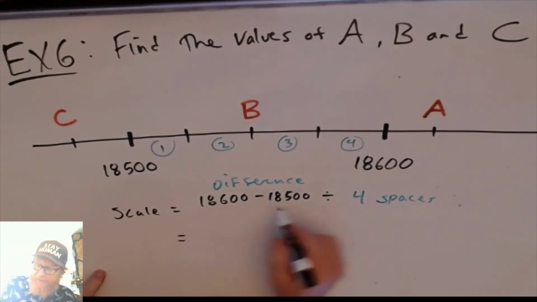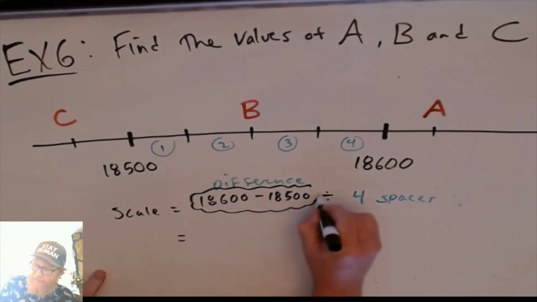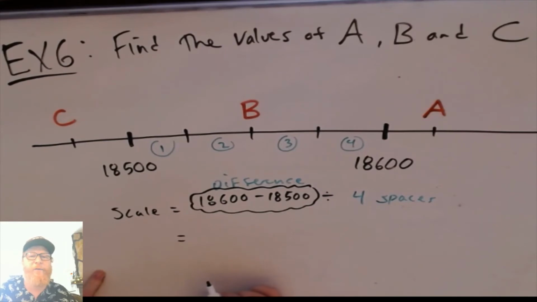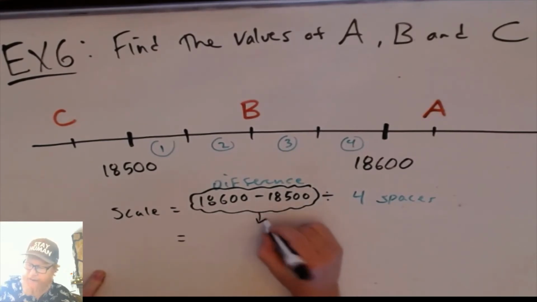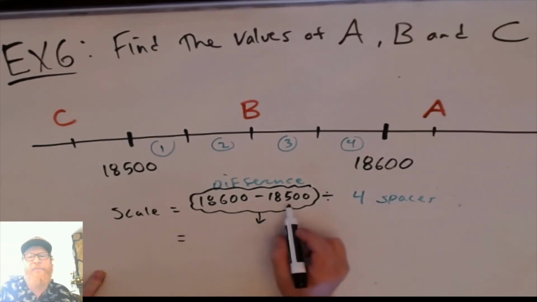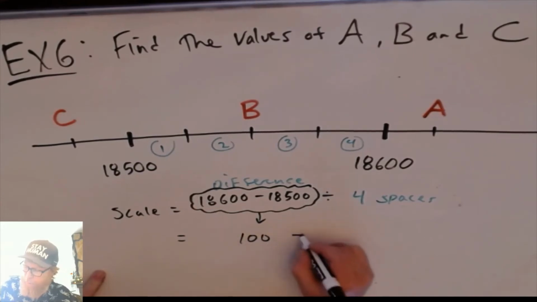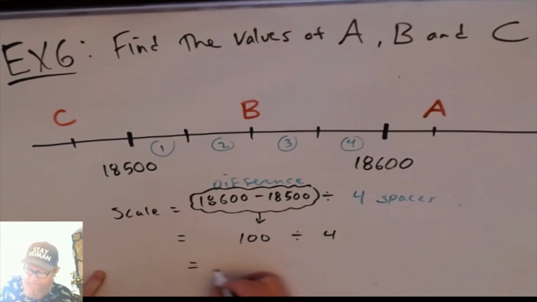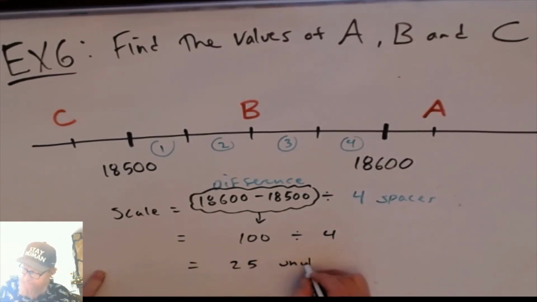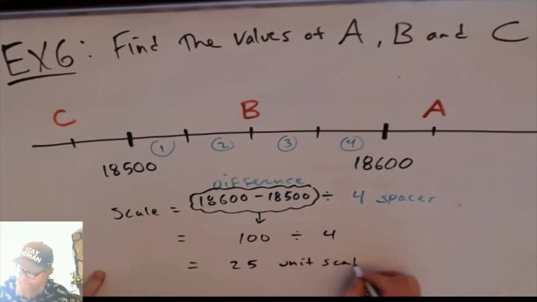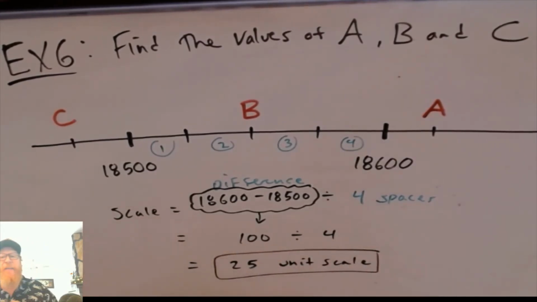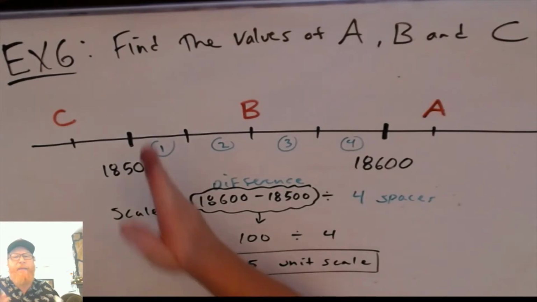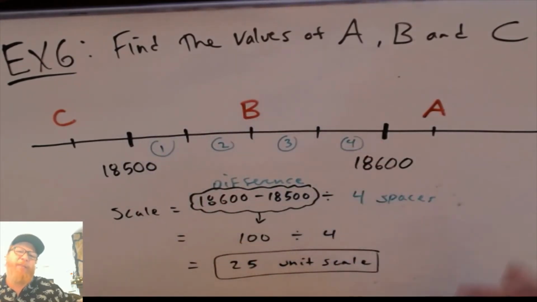The difference there, you don't really have to do that with a calculator or even writing it down. You can just do it in your head. 18,600 minus 18,500, the difference is 100. So this is a 25 unit scale. That means that each space represents 25 units.